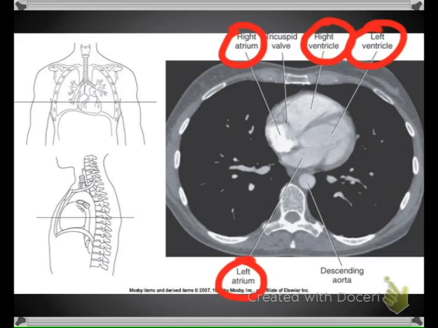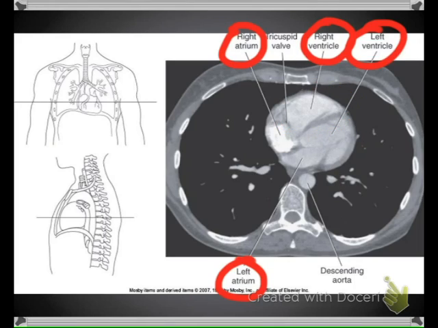Another key thing to point out here is that we do see that the heart kind of has this wide appearance, but not really. We do see that we have a great amount of white here in the right atrium, and we also do have a little bit of white here in the right ventricle.